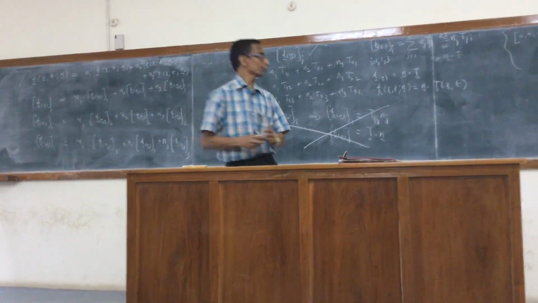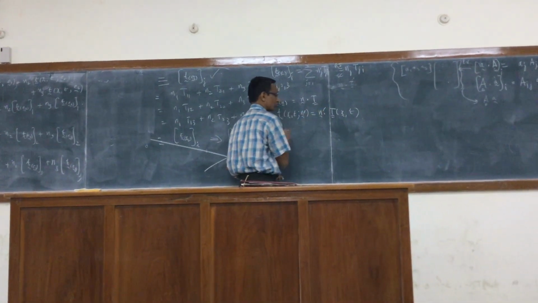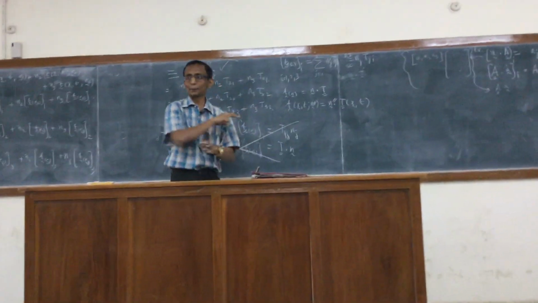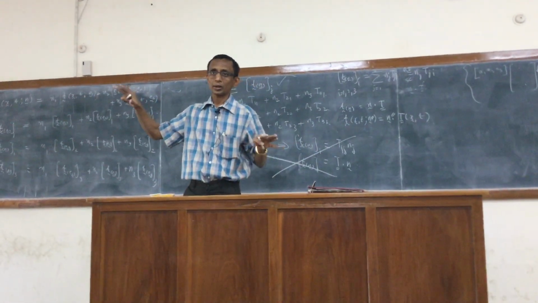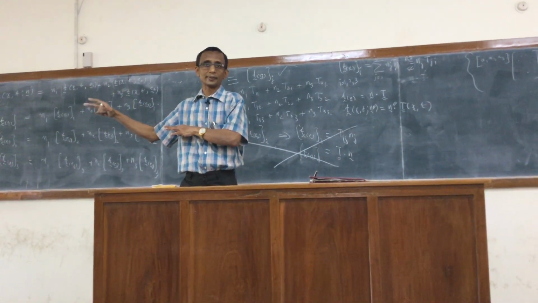Then I perform this operation for any vector. So I can write it in a compact form. If it is n prime, I will get this. If it is n double prime, I will get this. So I have separated out the normal dependence, and I am getting a tensor as a result.